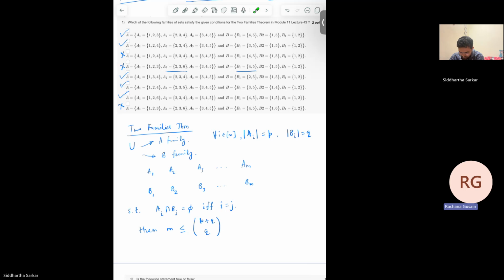This bound is tight as well. I think some two families can be constructed that have exactly this size.